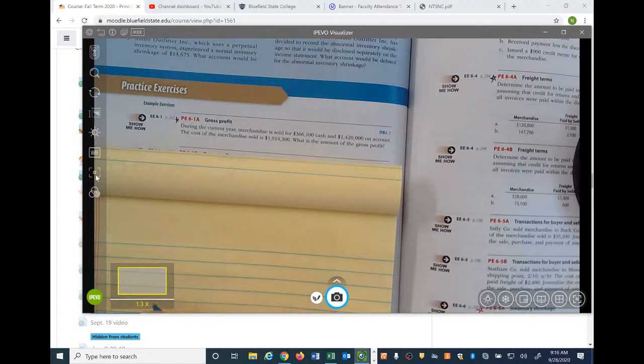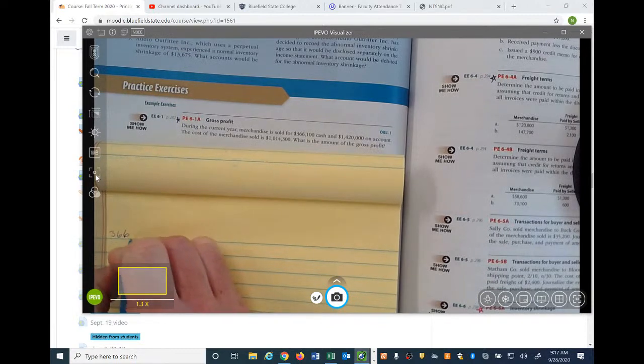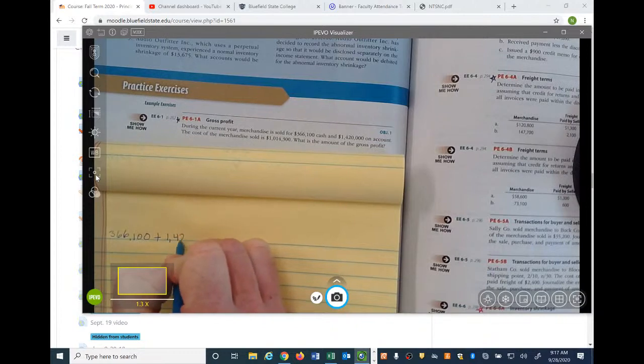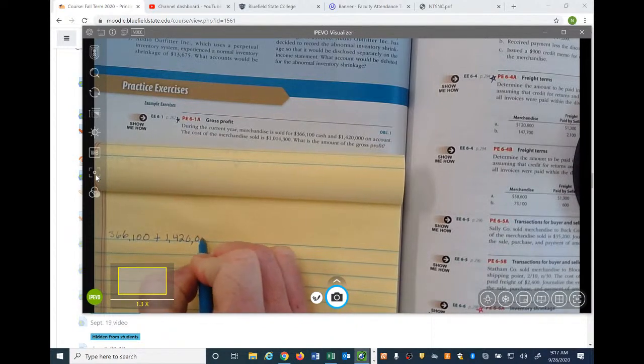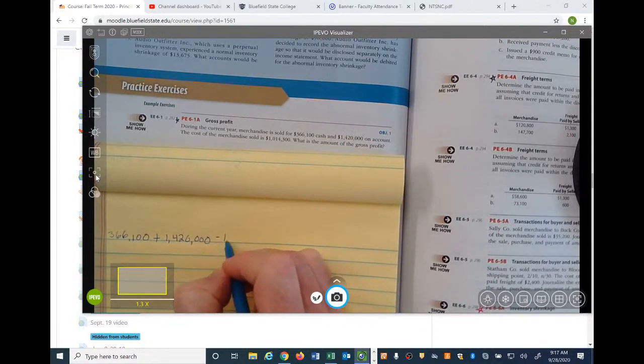Right, and how did you get that? I did the merchandise sold with a balance on that account, and I subtracted from the merchandise, the cost of the merchandise. Right, everyone seeing that? So we just take the 366,100, add the 1.42 million on account, and then back out what we bought it for.